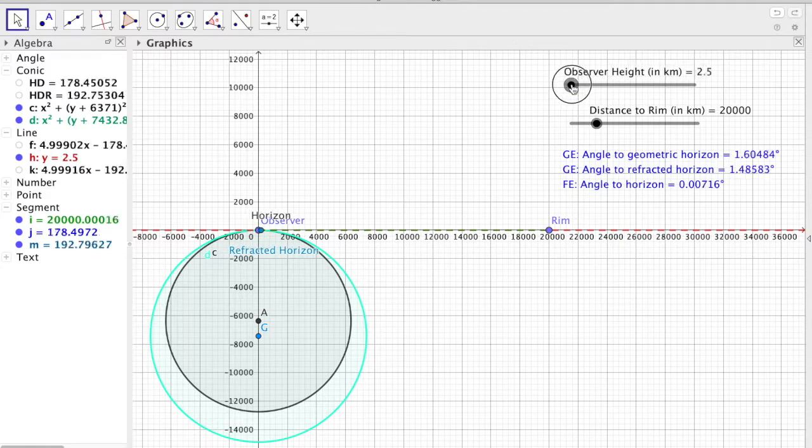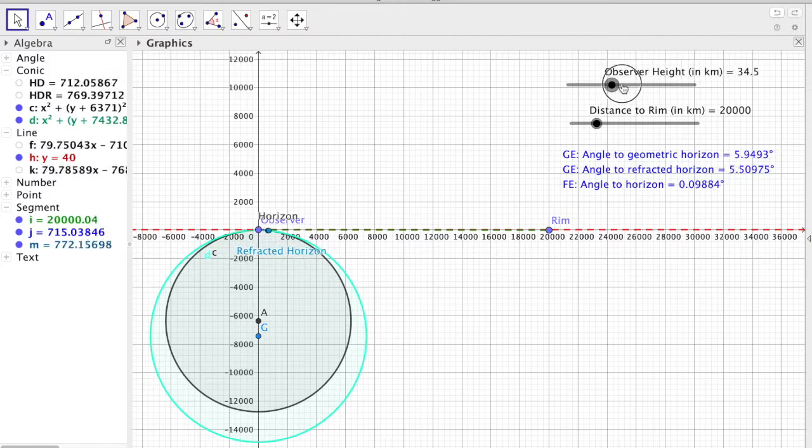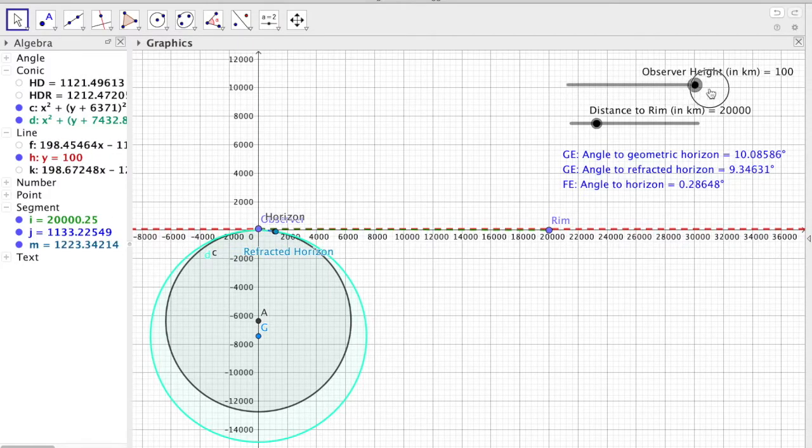And we can raise the observer height, and we'll look at how it affects the angle between the straight line, which is this red line, and the horizon. We'll look at that in more detail later. I'll come back to these two different angles when we look at the observations.